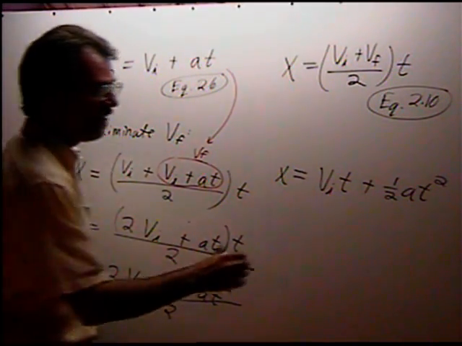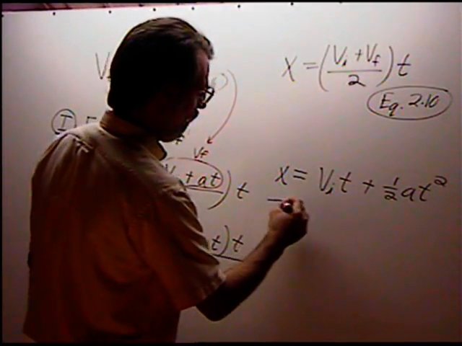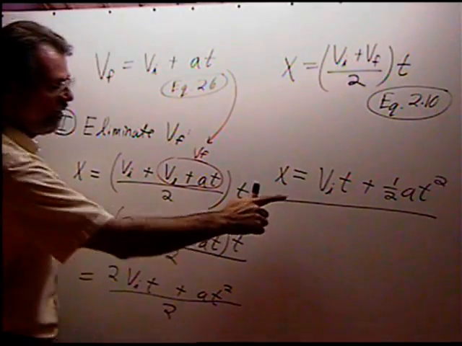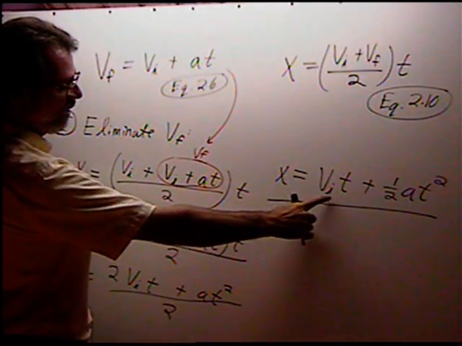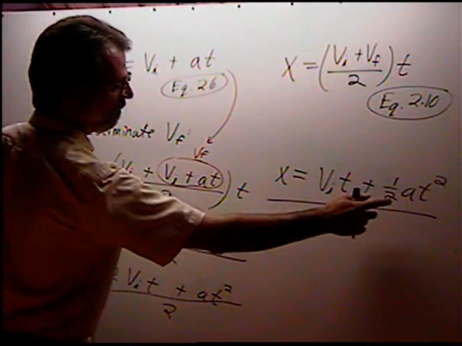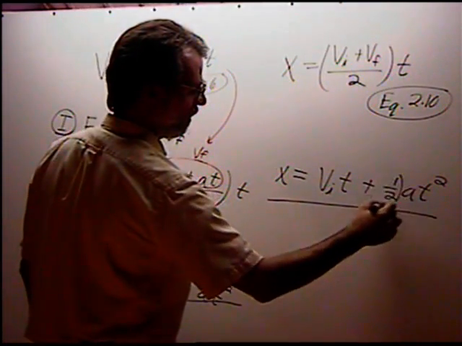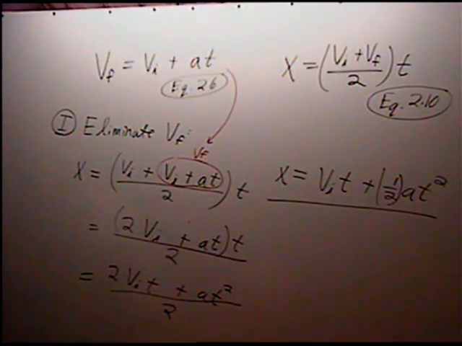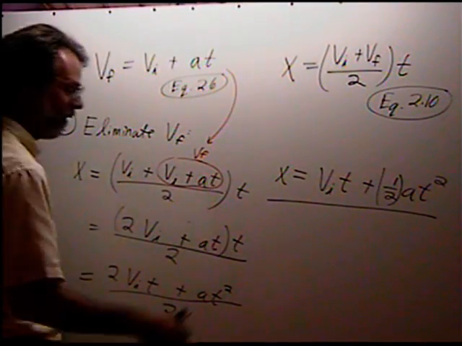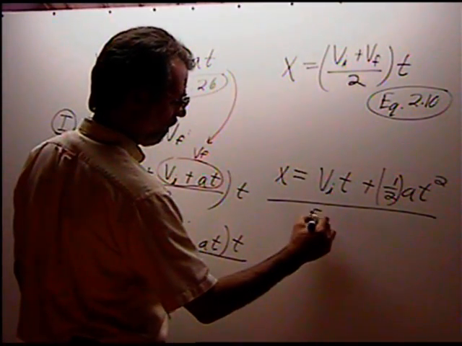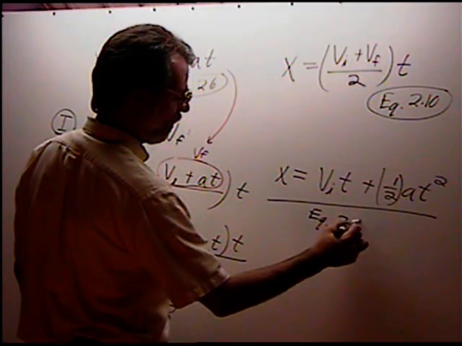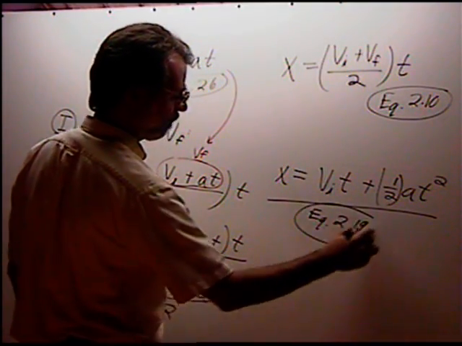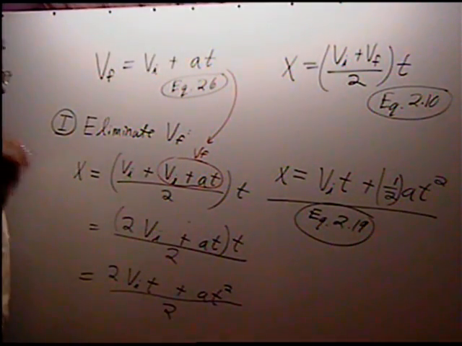So you'll notice that this equation here, x equals the initial velocity times time plus 1/2 AT squared, that is equation 2.19 in the textbook. Okay?